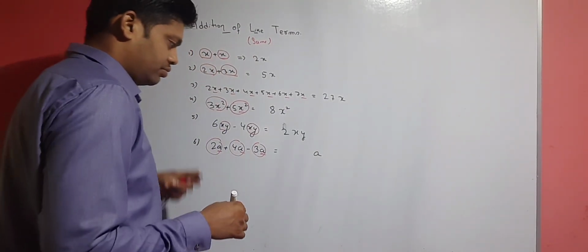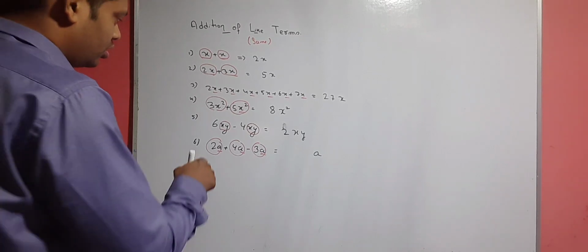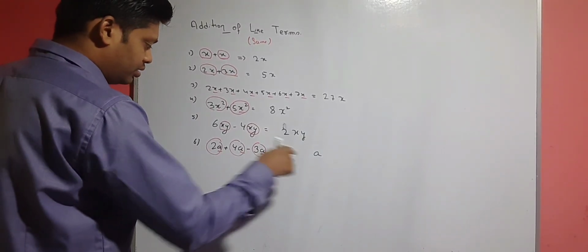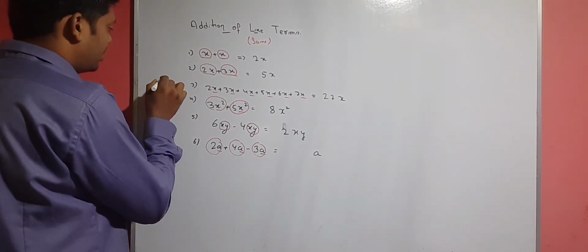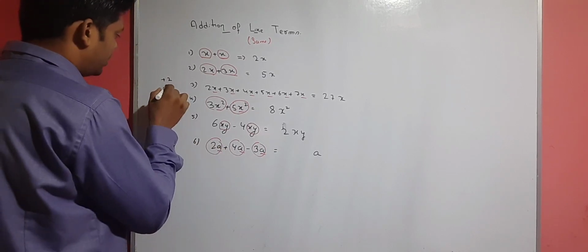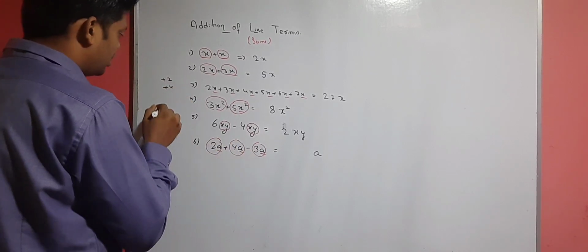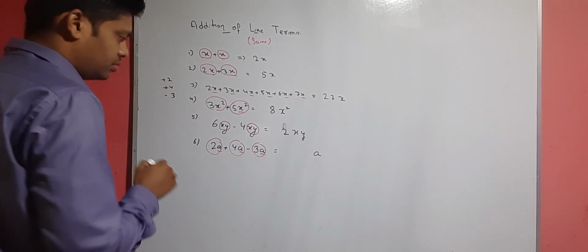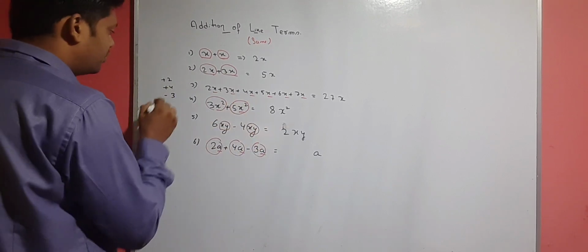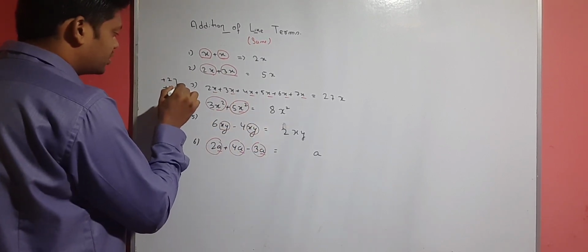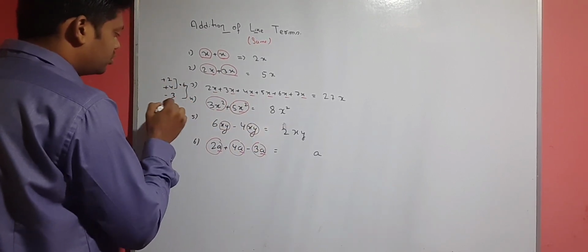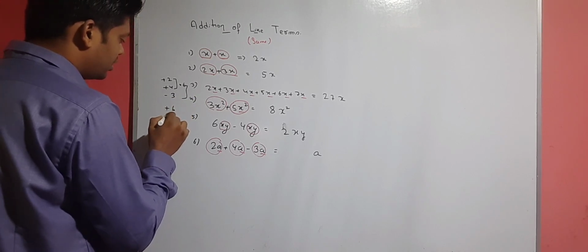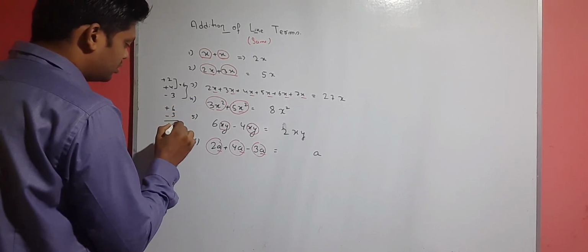If you are finding it difficult with the two different signs, solve this one. Here we have plus 2, plus 4, and minus 3. If you solve these two, it will be plus 6. Then solve this, plus 6 and minus 3, so it will be plus 3.